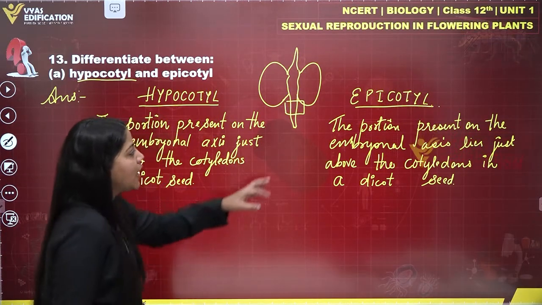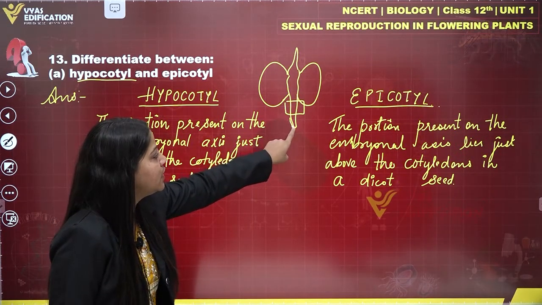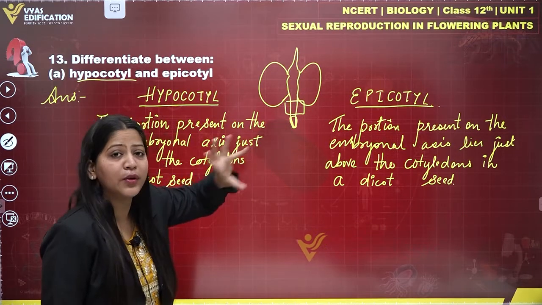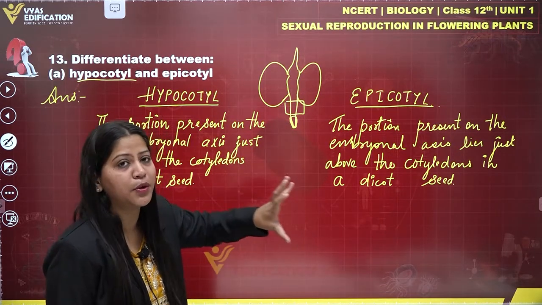hypocotyle region actually terminates into the region that is known as radicle, which will give rise to the root system of a plant.